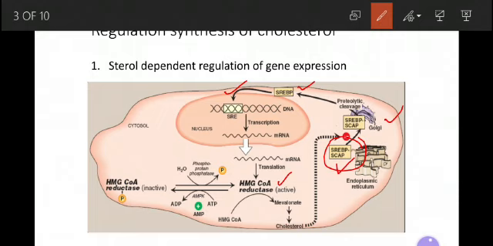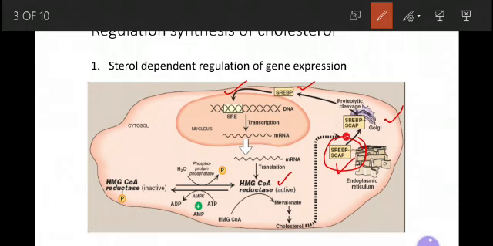The bound form of INSIG, SCAP and SREBP is not shown in this diagram. However, it is shown in some new editions of the Lippincott. This picture I have taken from the 6th edition, but in the 7th edition you will see that the INSIG protein is also shown here.